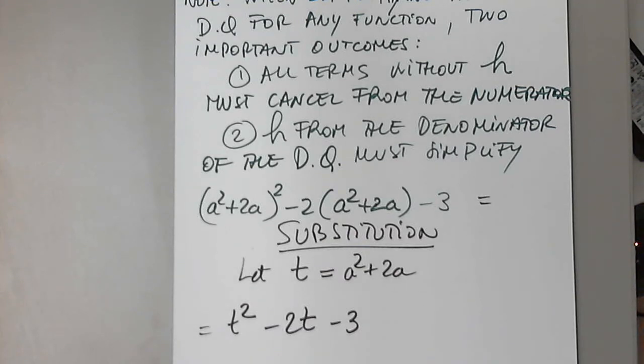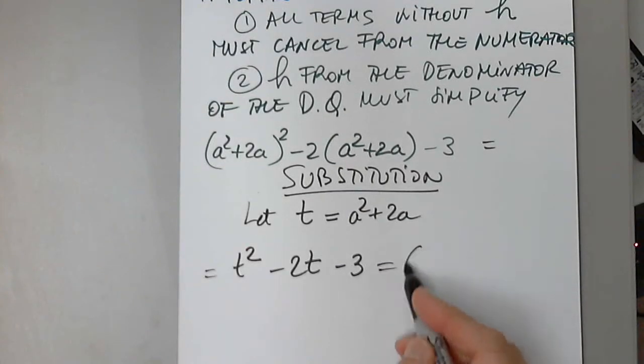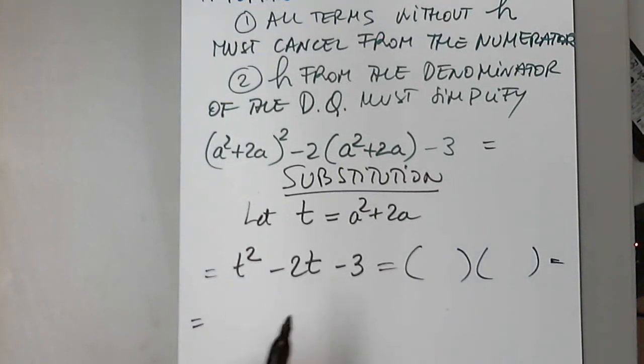Yeah, this is just a tool that makes our life easier. But at the end of the day, I still have to go back to a. So I will go back and substitute t at the very end, replacing it with a squared plus 2a. And now this I know how to factor very easily.